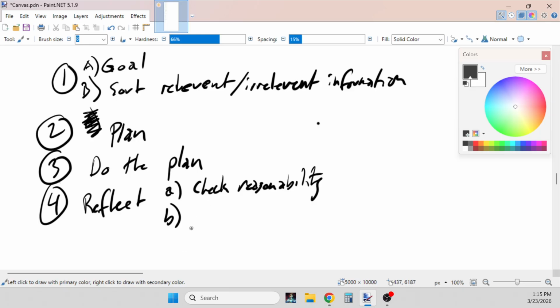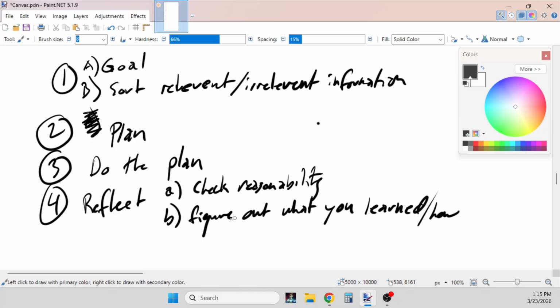So think about how to do the job more effectively in the future. What you learned, how to do this better in the future.